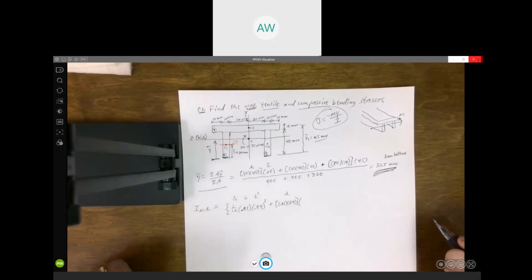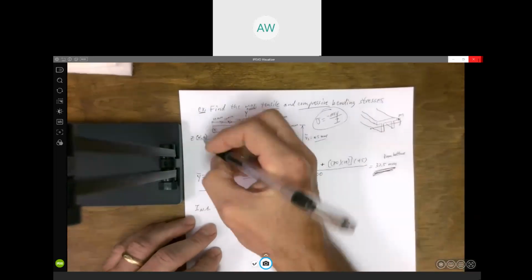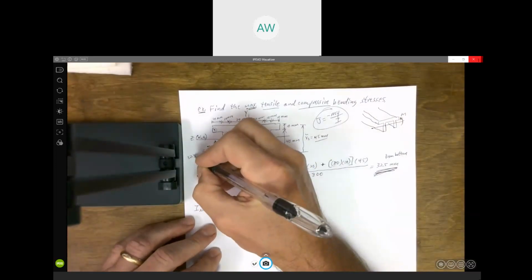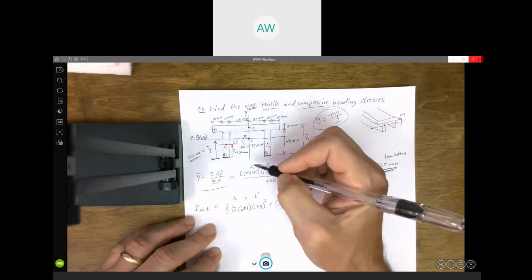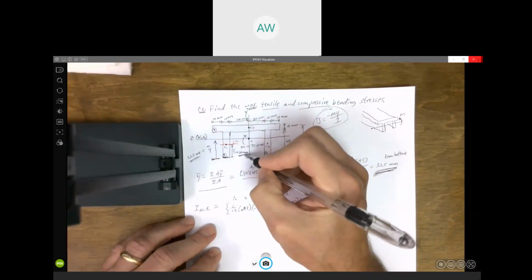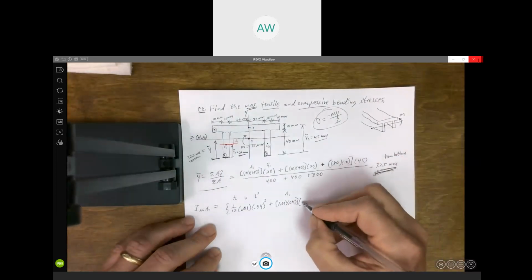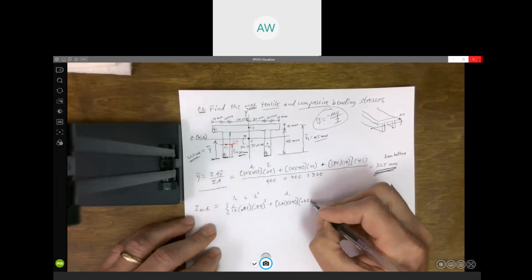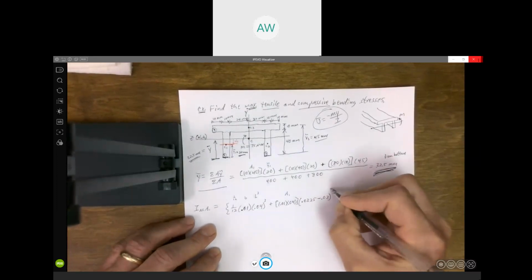So D1, that distance, well, we just found that this y bar turned out to be 32.5 millimeters. So that's the distance from the bottom to the neutral axis. The distance from the bottom to that centroid is 20. So that distance is just the difference. If we go in meters, it's 0.0325 minus 0.02, and we have to square it.